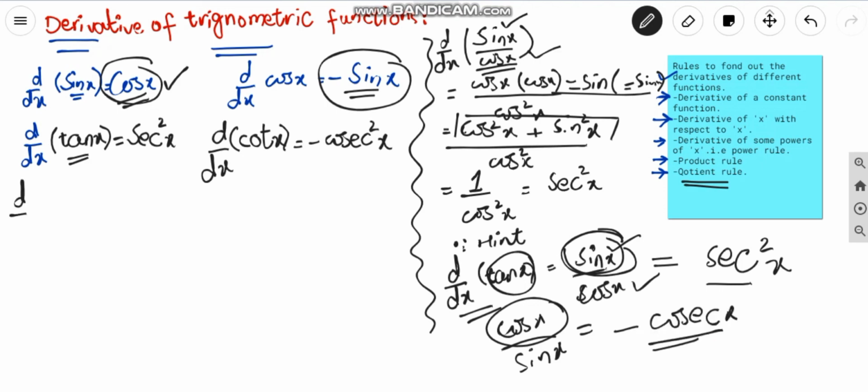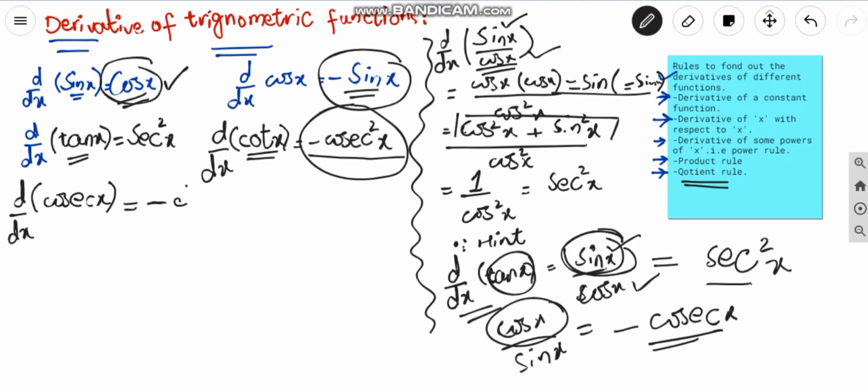Now we have to find the derivative of cosecant x. The derivative of cot x is minus cosecant square x. So for the derivative of cosecant x, place minus, as there is cosecant square x, and then place cosecant x and cot x. What is the derivative of cosecant x?